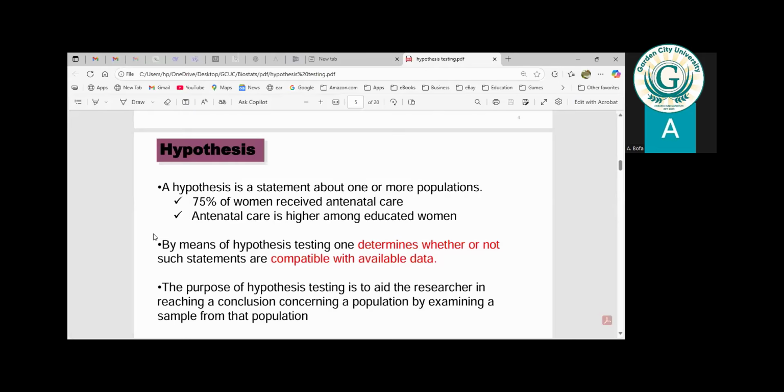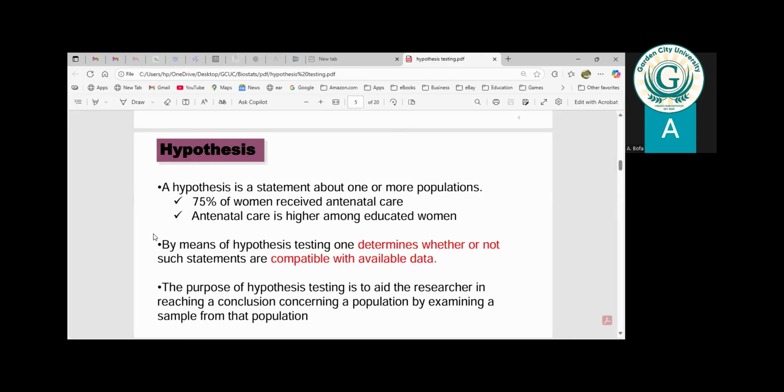Another person too can make a claim. Let's say he's coming up with a product, about, let's say, vitamins. He thinks that if you take these vitamins, the weight of your baby may increase if you take these vitamin pills.